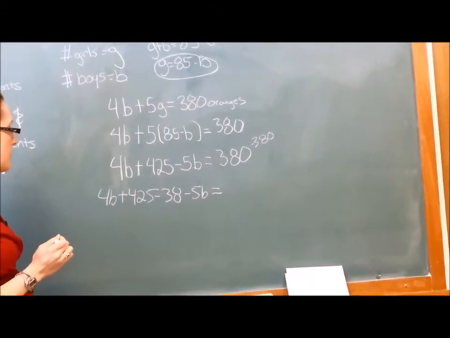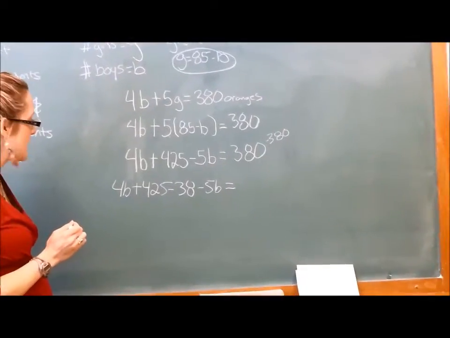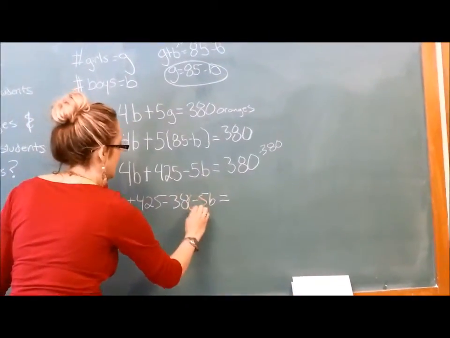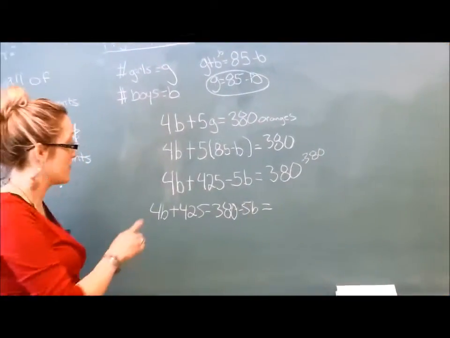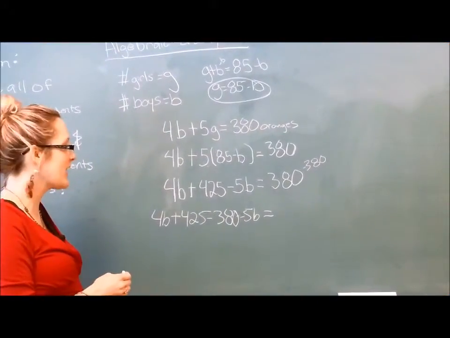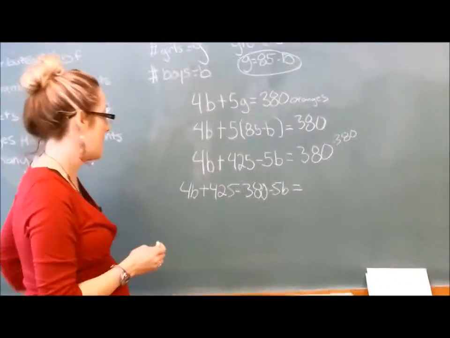And that looks really messy, doesn't it? It's always good to double check your work, because that could have been a huge mistake. 38 oranges, that's not the right answer. That wouldn't have given us the right answer.